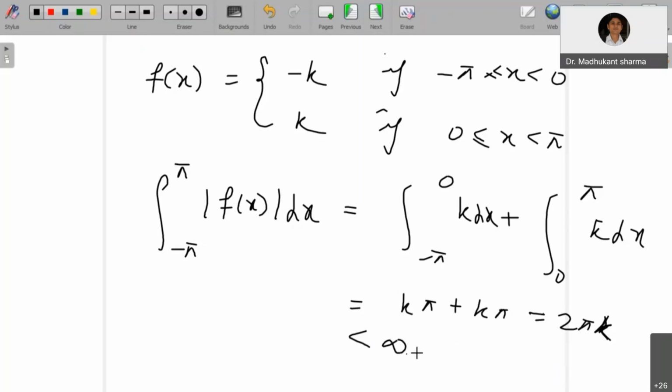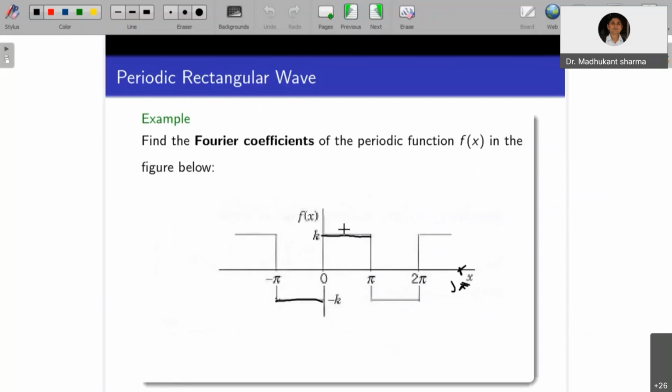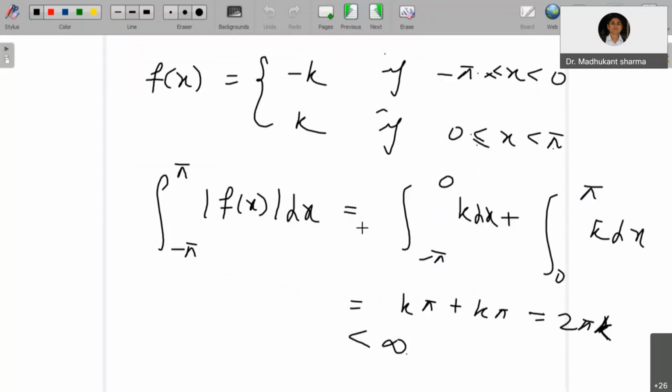It is absolutely integrable and piecewise continuous. It is discontinuous at the end points and at the midpoint 0, but piecewise continuous. Another thing is that it has only a finite number of extrema, only two over this interval. Over the open intervals from minus pi to 0 and 0 to pi, it is differentiable because it is a constant function.